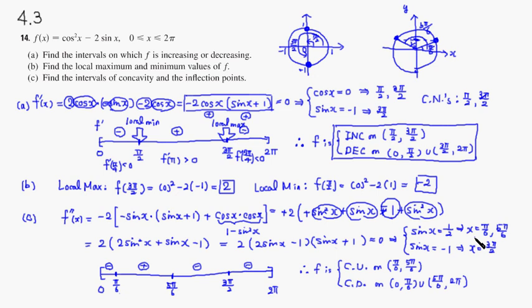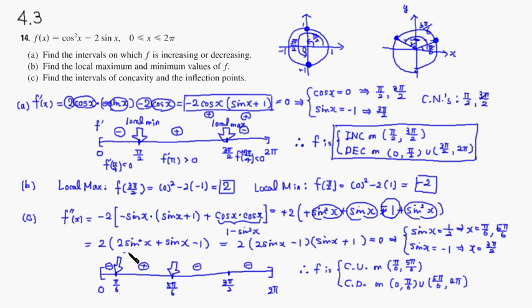All right. Then we have a couple of inflection points. You can see that the concavity change happens at pi over 6 and also 5 pi over 6, right?